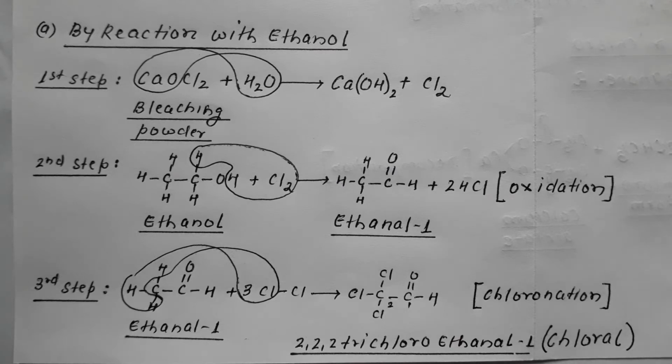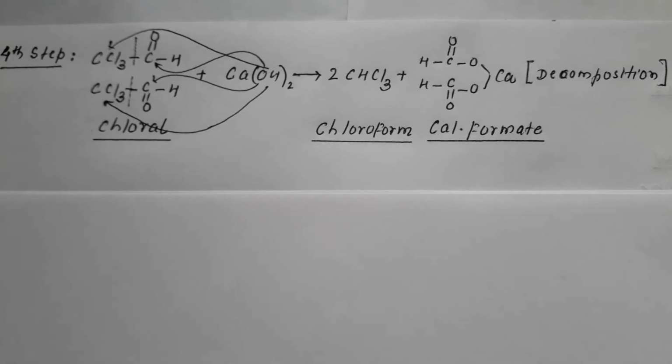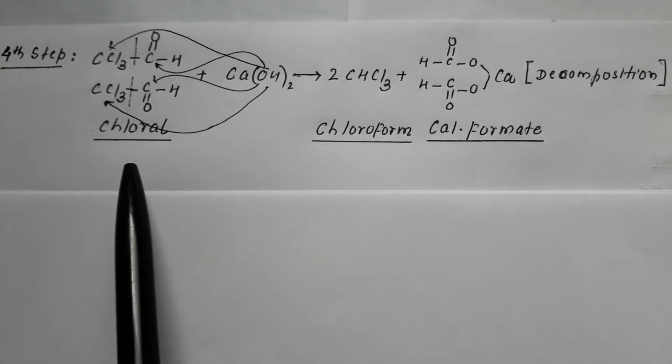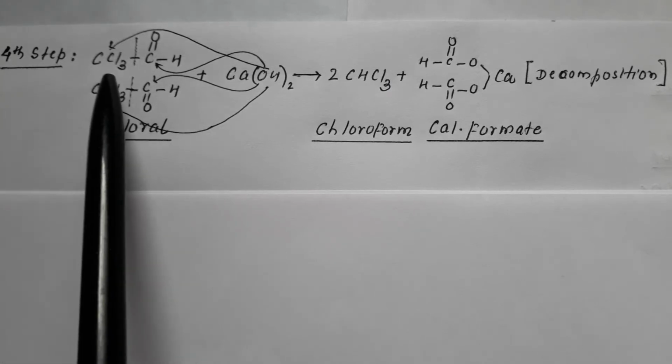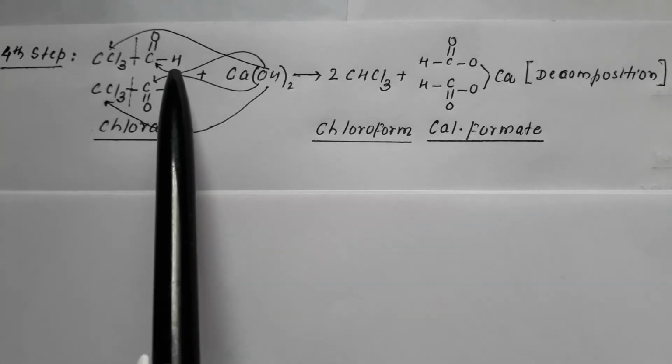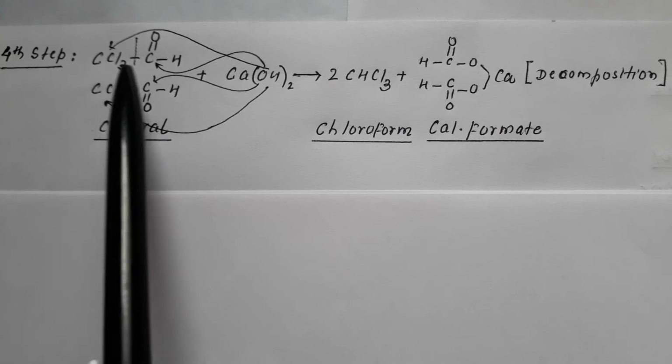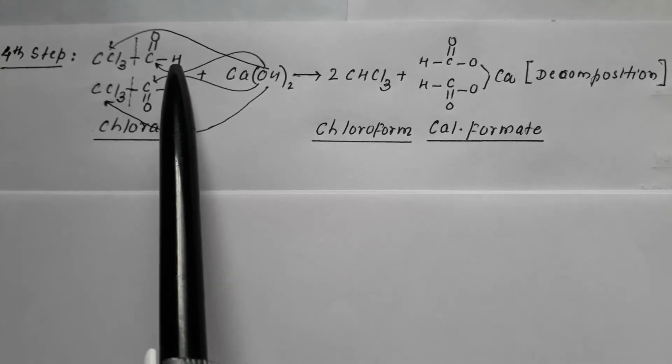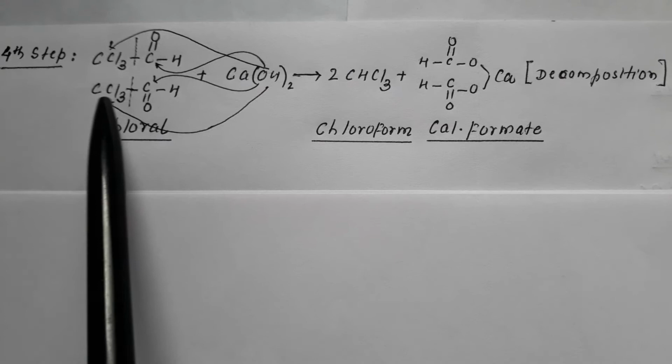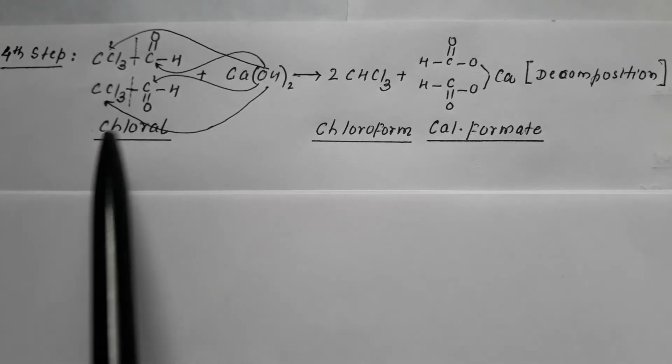Now the final and the fourth step is, in the fourth step, 2 molecules of chloral, CCl3CHO molecule number 1, and CCl3CHO molecule number 2.